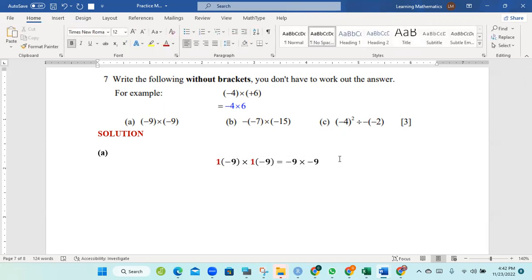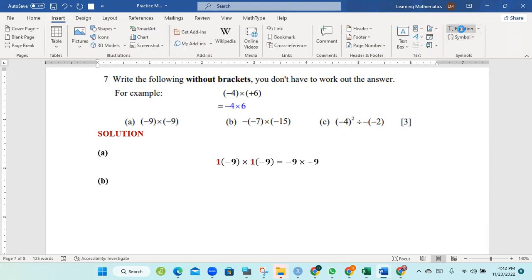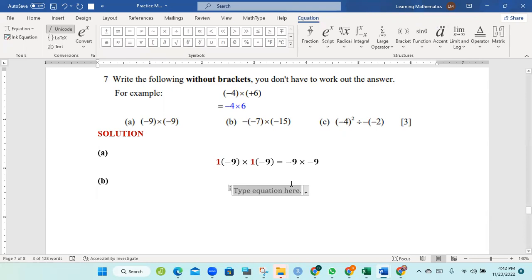Let's go to scenario B. We have a subtraction sign, open bracket, and a -7 times, in a bracket, you have a -50. Now remember what we said, outside there, you don't see a number, there is a 1.